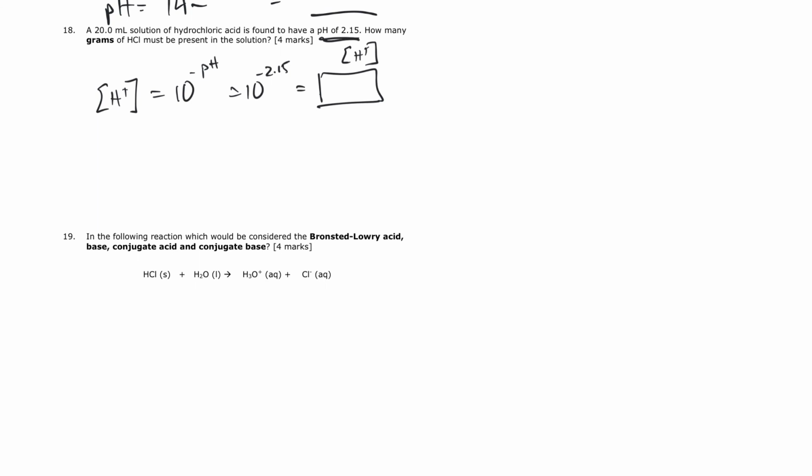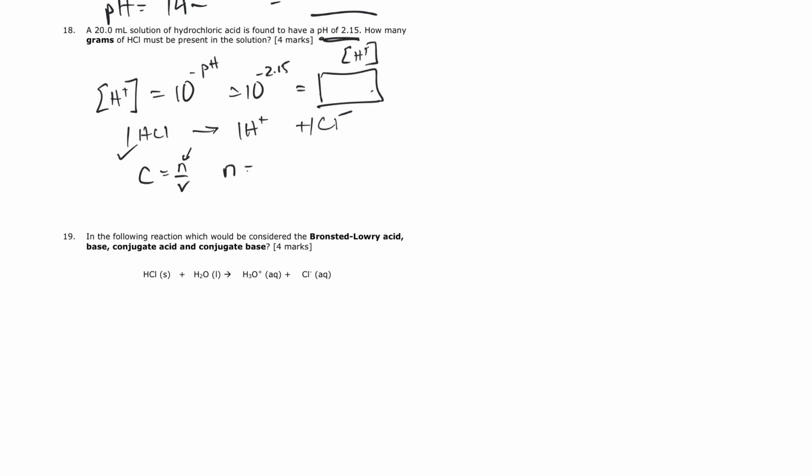Then, let's see, so that's the concentration. I can write out this HCl and dissociate it like this, but notice it's a 1 to 1 to 1. So whatever the concentration of hydrogen ions is, that's the same as the concentration of hydrochloric acid. So now you can take C equals n over V, and I want to figure out moles.